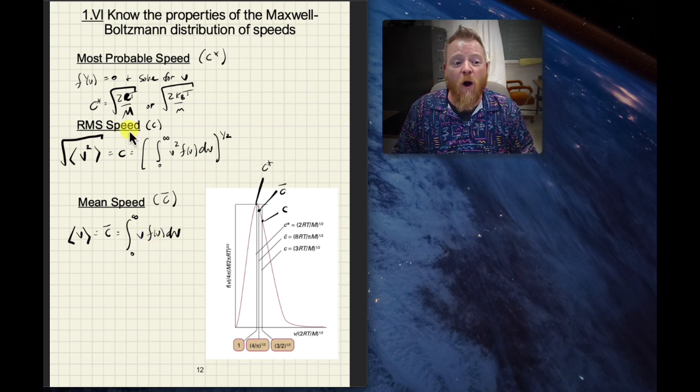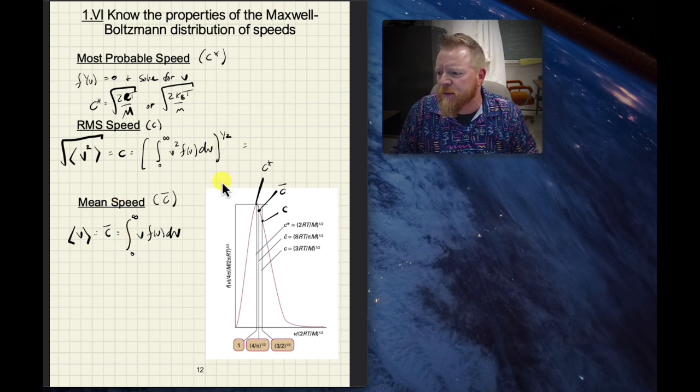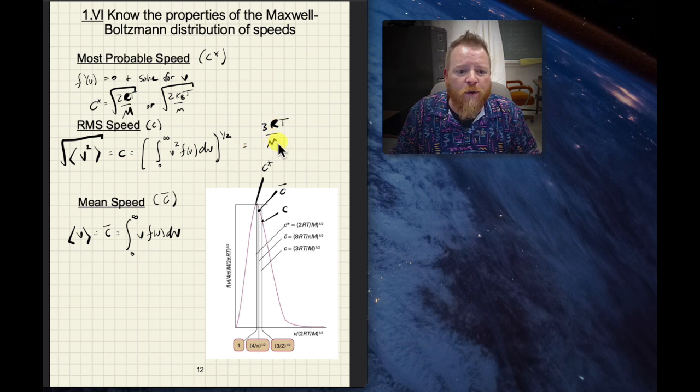Okay. So all of these will give us slightly different values. And if we keep looking at these equations here, my RMS becomes the square root of 3RT over big M, or the square root of 3 kBT over little m.